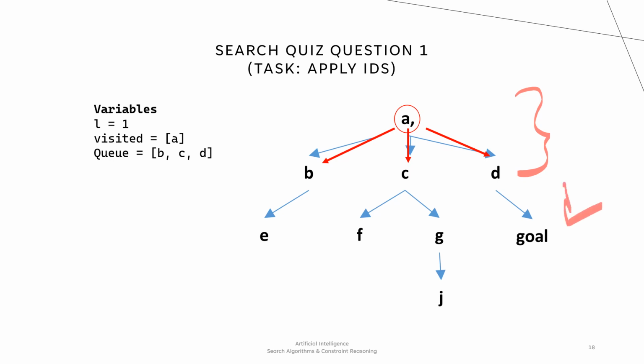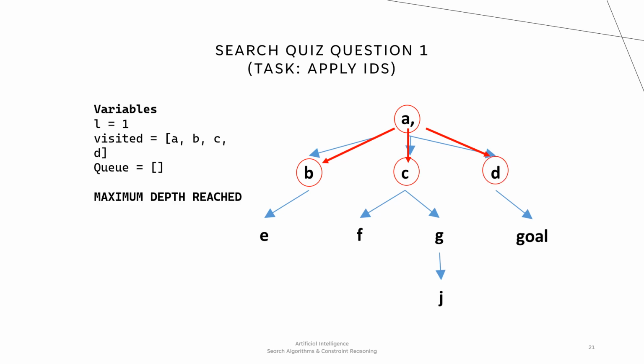So we go to B, and remember we have no heuristics, so we're going left to right as a default control flow, but on the quiz, Dr. Mitra did specify that. So we visited A, B, C, D. Maximum depth reached, no more children. Everyone on board?